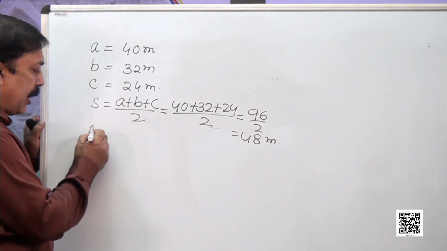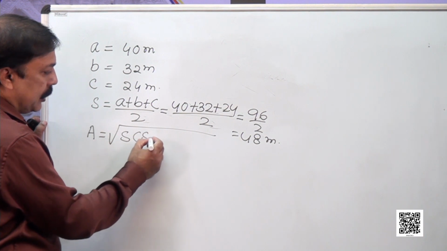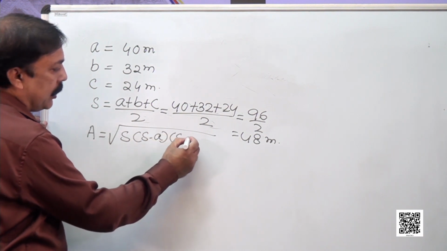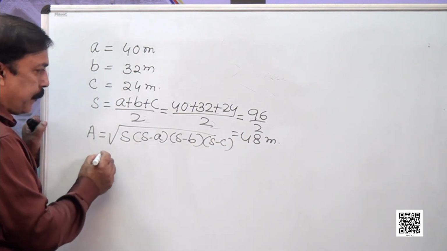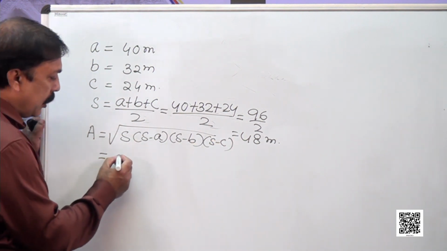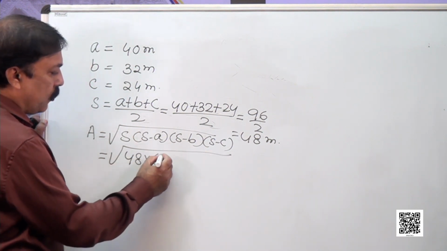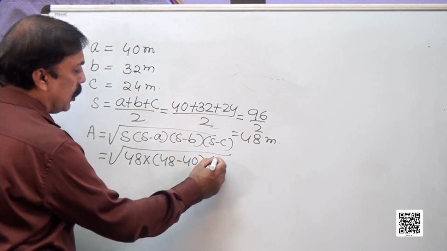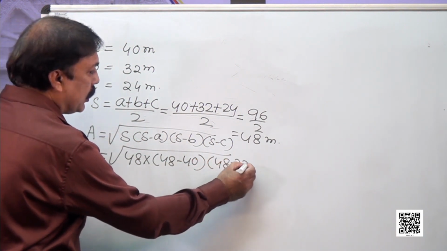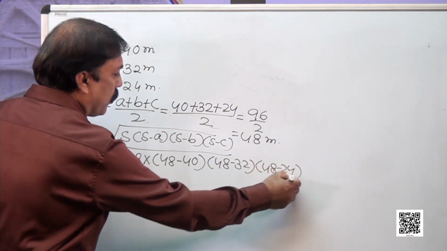Then what is the area? Area is equal to square root of S into (S minus A) into (S minus B) into (S minus C). Now see, this is square root of 48 into (48 minus 40) into (48 minus 32) into (48 minus 24).